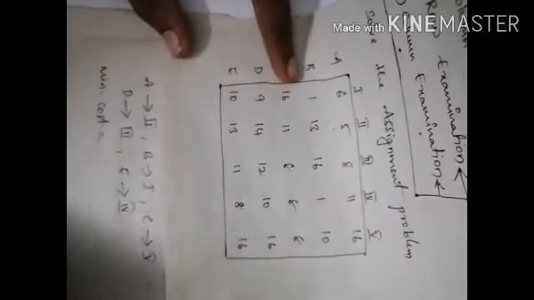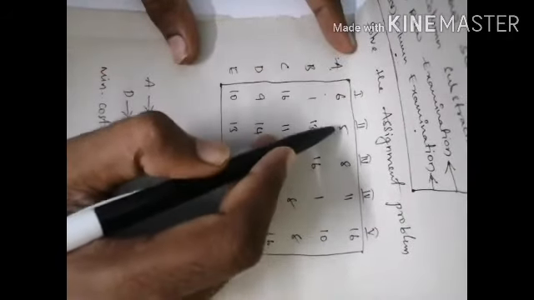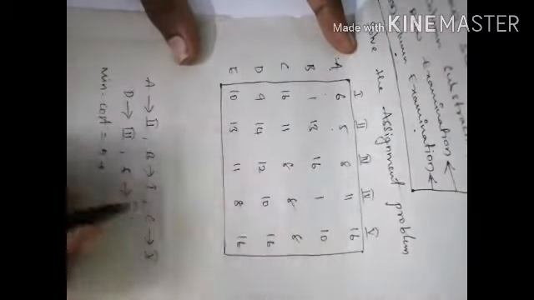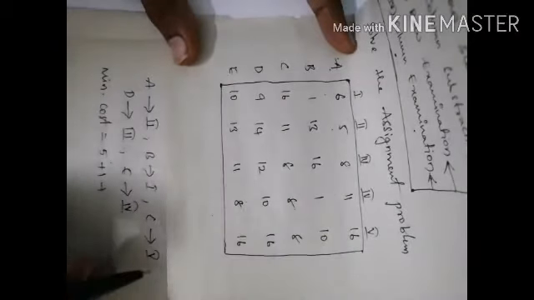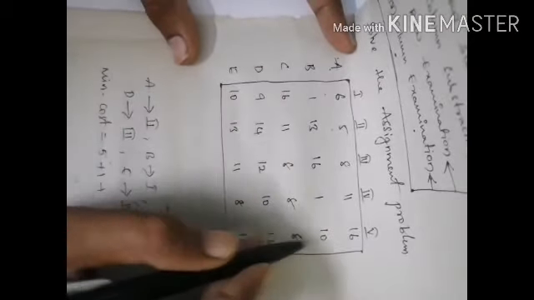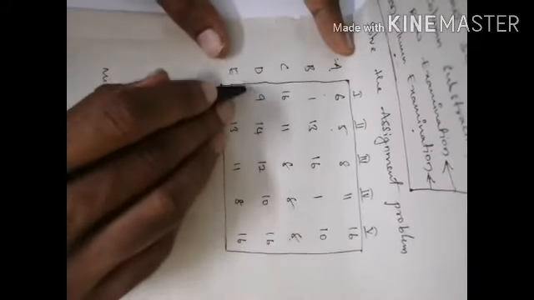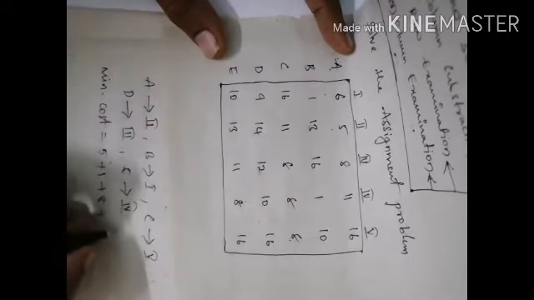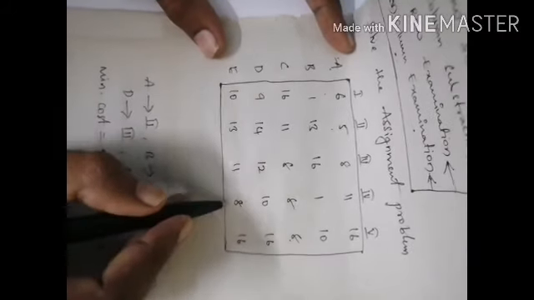The minimum cost Z is equal to: A is assigned to 2, the cost is 5, plus B to 1, the cost is 1, and C to 5 is this one, which is 8, and D to 3, that is 12, plus E to 4, which is 8.